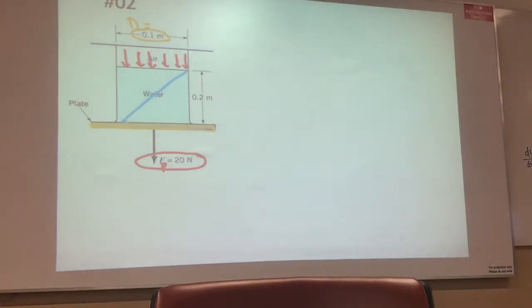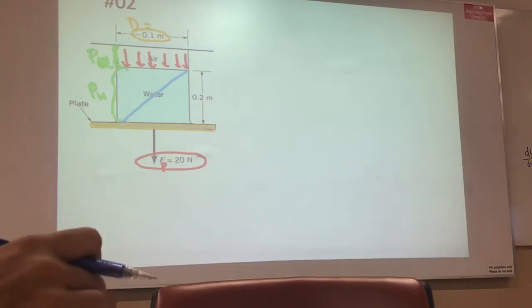So can I write like this? Here I get water pressure, and here I get air pressure. Understand? So what can I write?